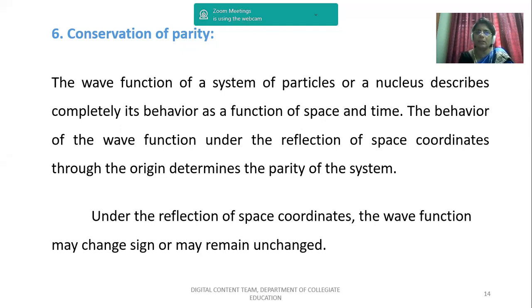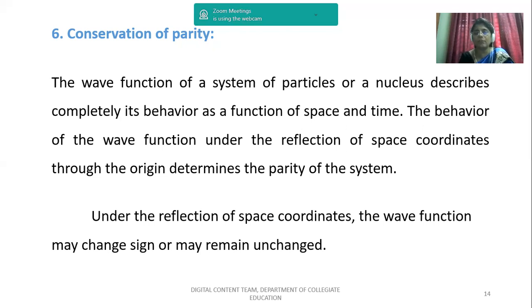And here we are going to understand what is conservation of parity based on the behavior of the wave function and its value assigned based on the parity of it. So under the reflection of space coordinates, the wave function may change sign or may remain unchanged.